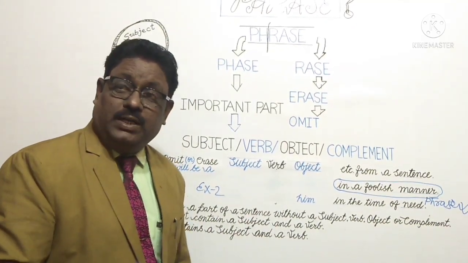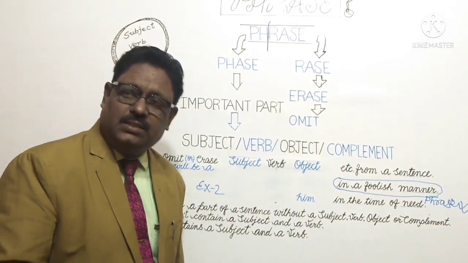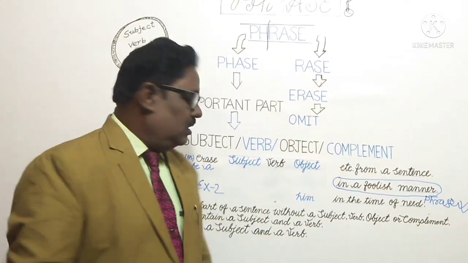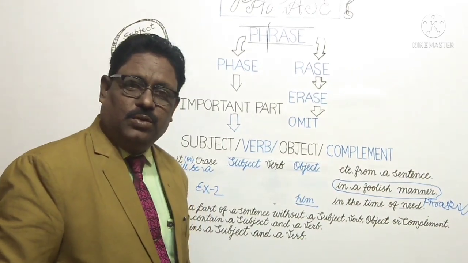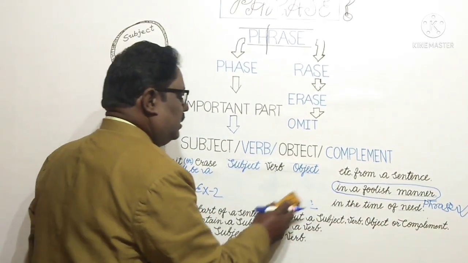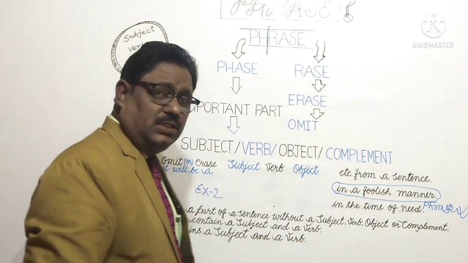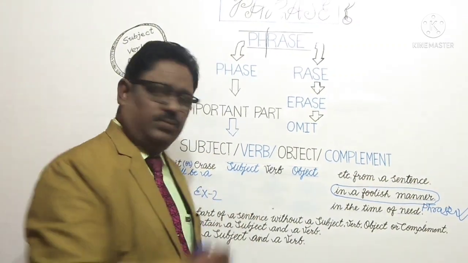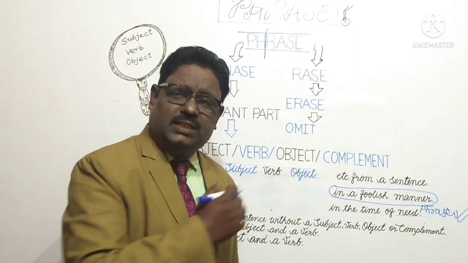And now, what is object in the sentence? In this sentence, the object is him. And what we have to do with the object? We have to erase the object. Him is to be erased. Now, what is left with you in this example number 2?